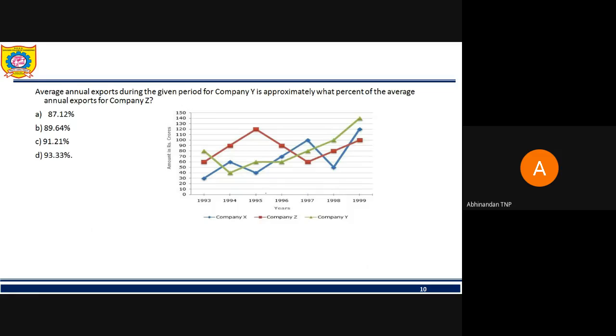Go for the second one. Average annual export during the given period for the company Y is approximately what percent of the average annual export for the company Z? Company Y and Z. So company Y, this is Y, and company Z, that is ready.